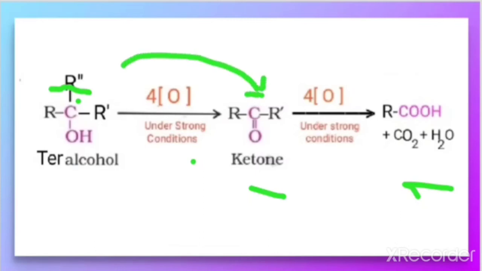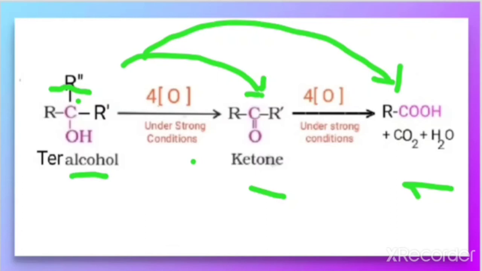When you check here, this ketone and this acid which are formed have fewer carbons than the starting alcohol, that is, the tertiary alcohol. In the tertiary alcohol, you find three alkyl groups and one alpha carbon.